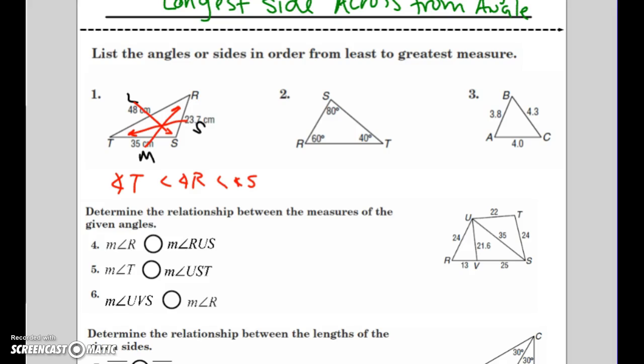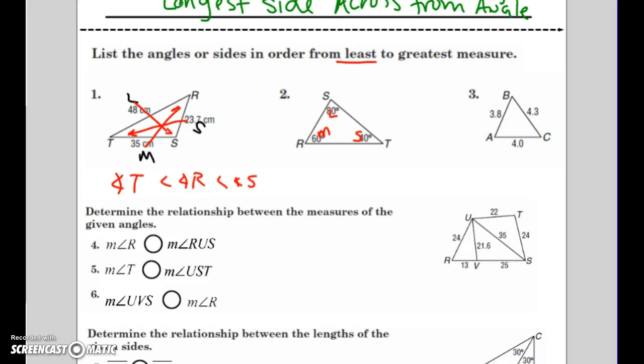Same thing for number 2. Did they give me angles or sides? Angles. How do I know? They're on the inside. Good, they're on the inside of the triangle and they have degrees. If they gave me angles, everybody with me? Then they're asking me about the sides. So let's label the angles small, medium, large.